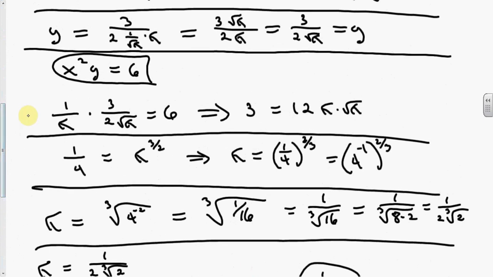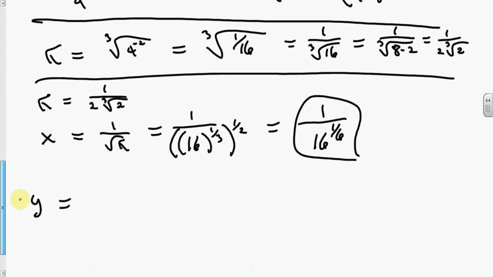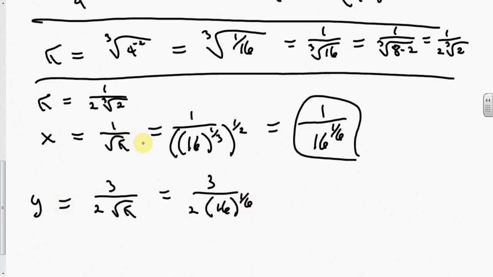Y is equal to 3 over 2 times the square root of lambda. 3 over 2 times, take that square root, and we get 16 to the 1/6 power, because that lambda was already 1 over the cube root of 16, 1 over 16 to the 1/3 power. Good.